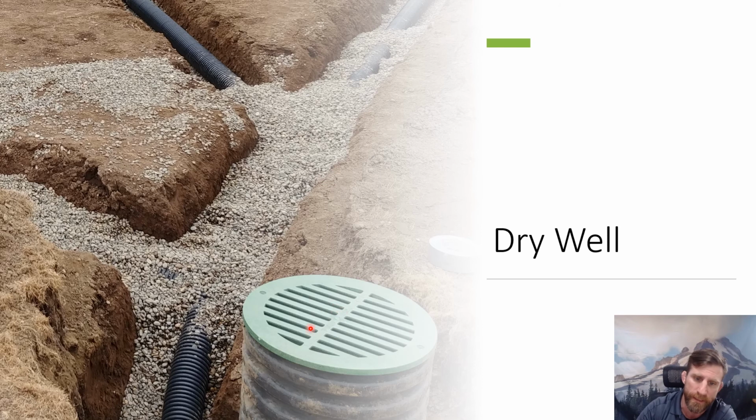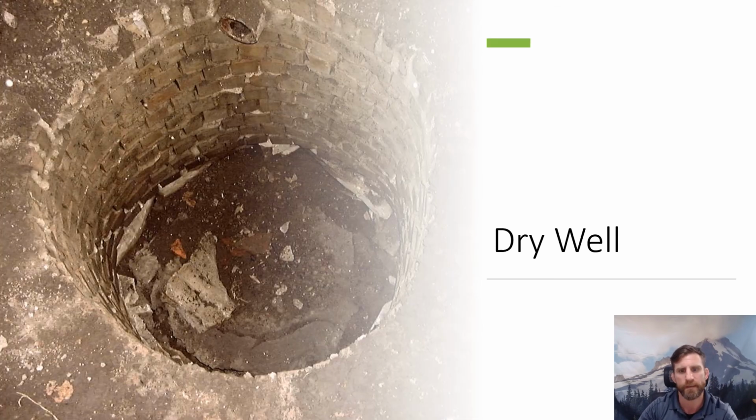Ultimately, this provides a way for water to go back down into the subsoil. So this drain tile system will connect into this dry well, and it then incorporates water into the ground.